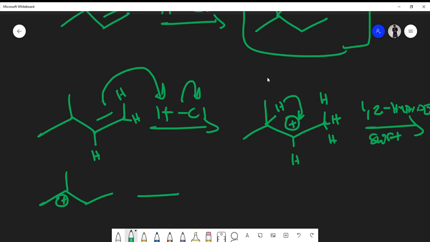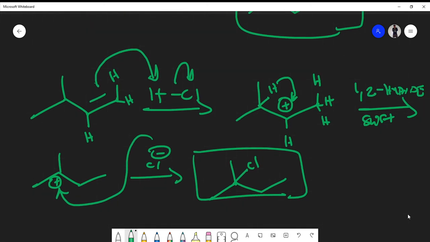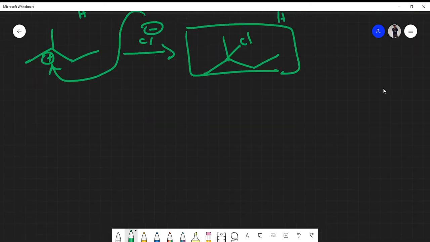So again, remember, a tertiary is more stable than the secondary, which is more stable than a primary carbocation. So our 1,2 hydride shift is very important in this case. Right? And then the chlorine comes in as a nucleophile, attacks the carbon, and we get our suspected product that we initially spoke of. So you have to remember your 1,2 hydride shifts and your methyl shifts as well.